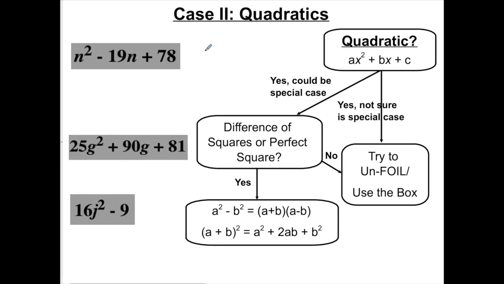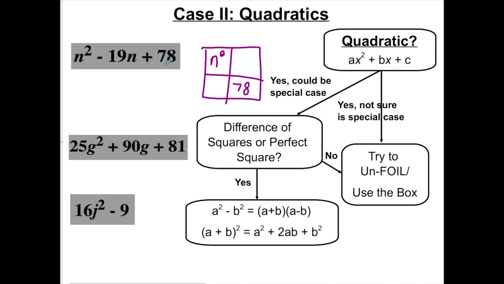So remember, we're building our box, and we're imagining that we multiplied 2 things together, and what we got was n squared minus 19n plus 78. Now, how could we have gotten that? Well, we know that n squared, that part will always be in the top left, and 78 will always be in the bottom right.